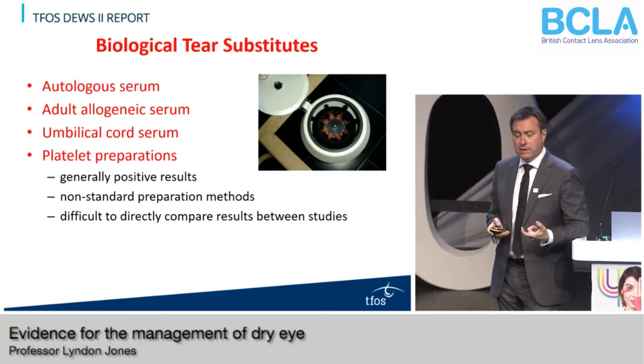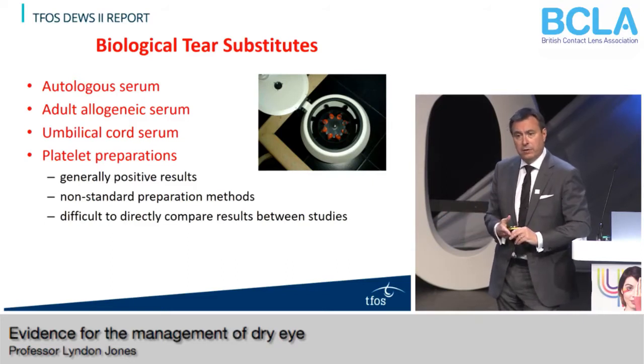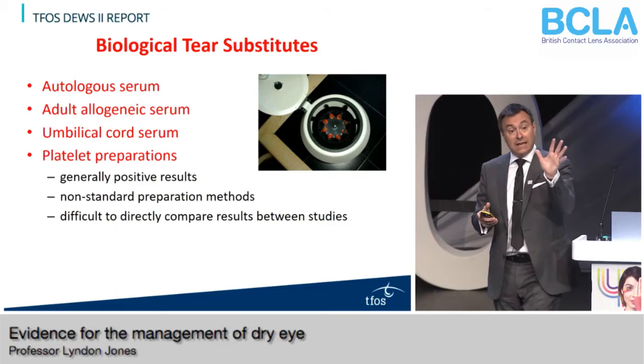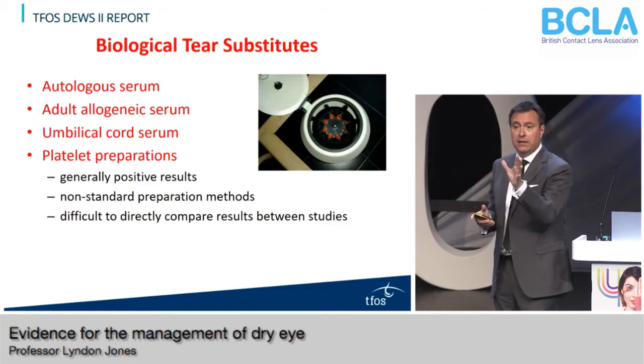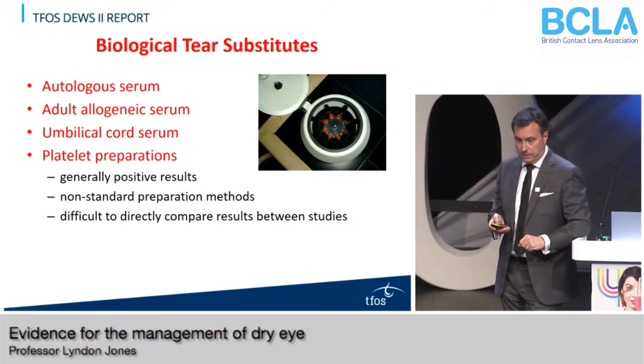What was very obvious is that the reports generally are positive, but the problem comparing one study to another is that each preparation, depending upon who it is that compounds it for you, which hospital or which pharmacy does it for you, ends up basically having various different ways of producing it. And so it's very difficult to tell whether this formulation is truly better than another because of the non-standardized way of doing that. And so again, that's something that I think we need to do moving forward.